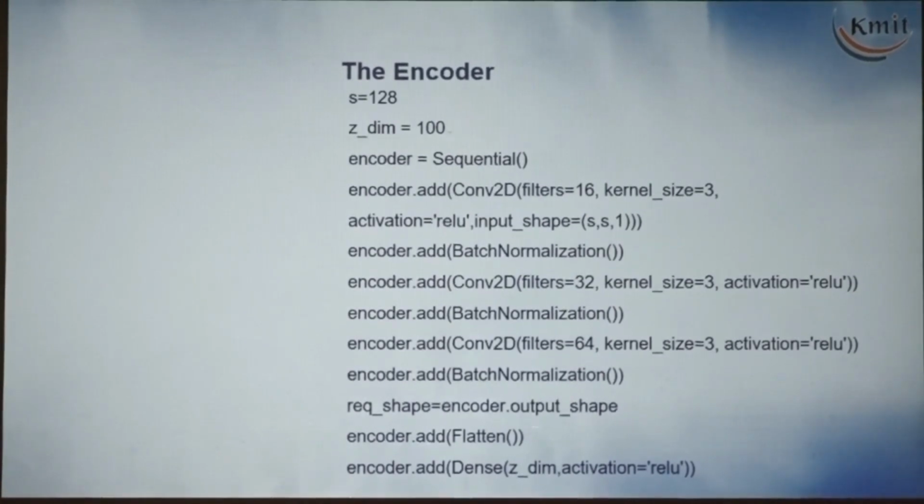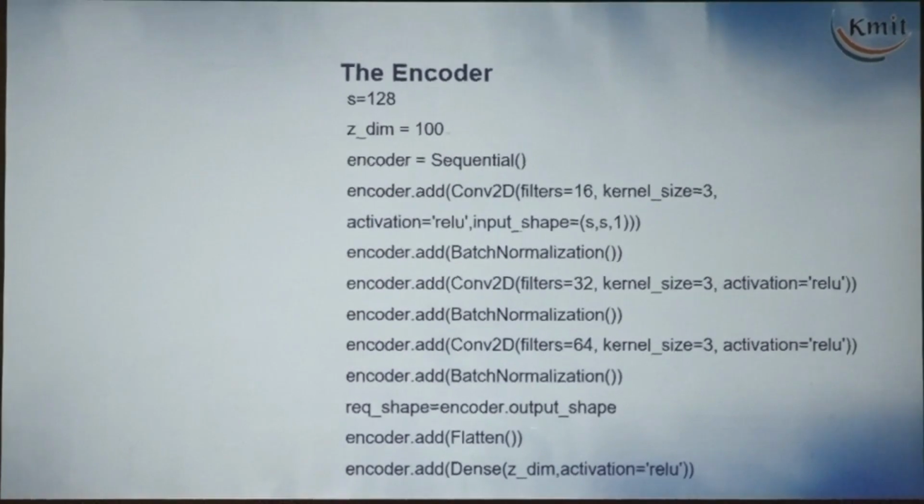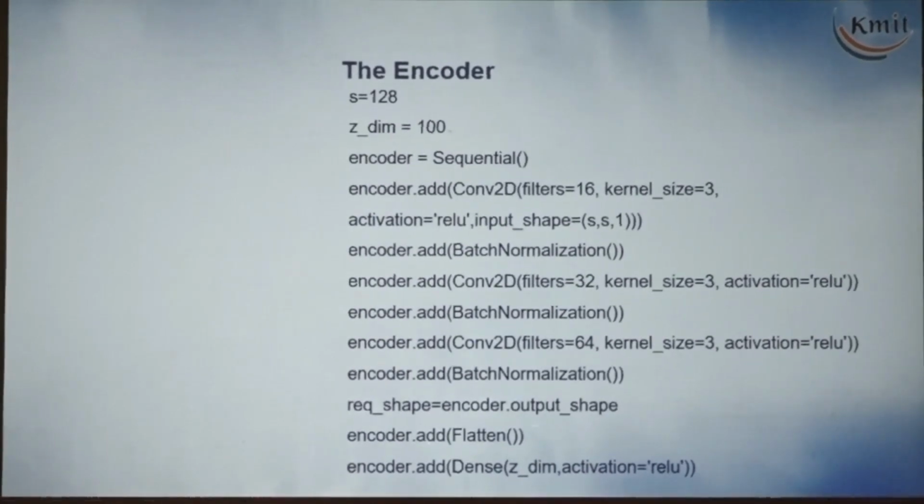But if you are stopping in the middle of the process, let us say for example from 128 by 128, if it comes to let us say 32 by 32, then if you flatten it, again on the other side you have to reshape it.